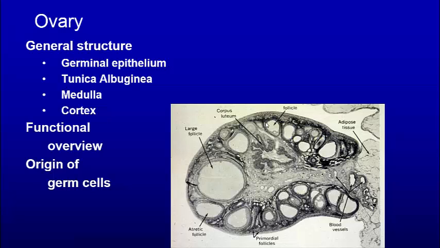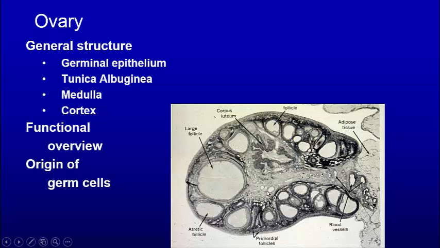So if we look at the ovary, which is the main component of the female reproductive tract, because that's the one that produces the gametes, we have a germinal epithelium that lines the surface. It's a misnomer. It's just a layer. It's really mesothelium that lines the surface there. Below that, we have tunica albuginea, which is really just a capsule, dense, irregular connective tissue.